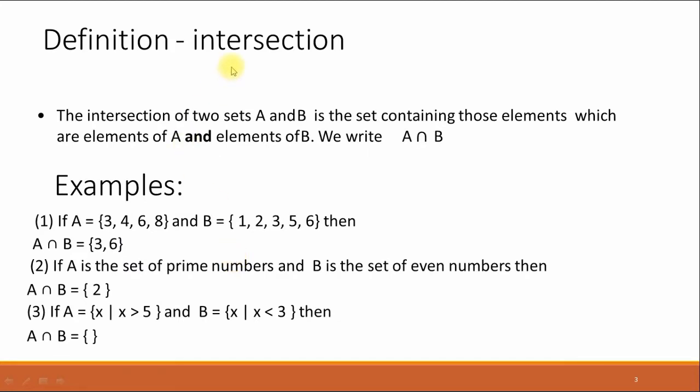Now, intersection of two sets. What is the intersection of two sets? The intersection of two sets A and B is the set containing those elements which are elements of A and elements of B, and we write A intersection B. For example, if A contains the elements 3, 4, 6 and 8, and set B contains the elements 1, 2, 3, 5 and 6, then the intersection of A and B contains the elements 3 and 6.